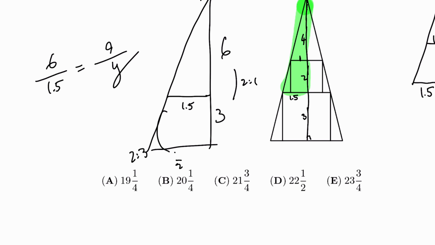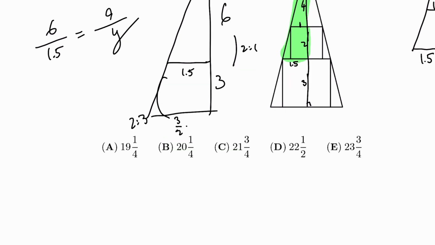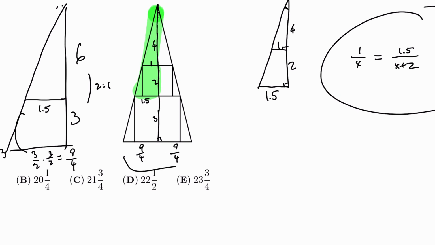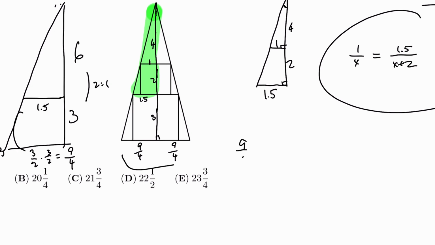So we have basically 3 halves times this 2 to 3 ratio. So we basically multiply that again, we get 9/4. If we have 9/4, then this has 9/4, this is 9/4. The whole base is going to be 9 halves.